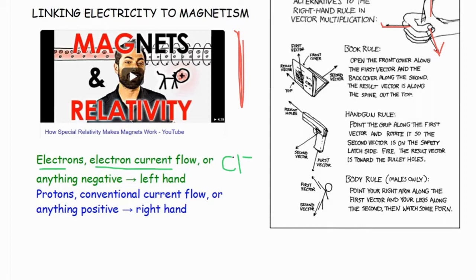The other thing to note is that if we're talking about anything positive, so protons, alpha particles, positive ions like sodium ions, or conventional current, we're going to be using our right hand. Remember, conventional current is Benjamin Franklin, who got it twisted and talked about the movement of positive charge. Most stuff in Physics 30 will be dealing with left-hand stuff. When we talk about current, most of the time, unless it's specified, we're dealing with electron flow from negative to positive.